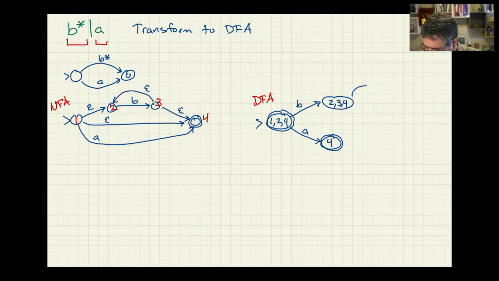So this loops back to itself, like it's supposed to. And this is marked accepting because it has a 4 in it. Anything with a 4 is going to be accepting. So this does now accept a single B, and 2 Bs, and any number of Bs.